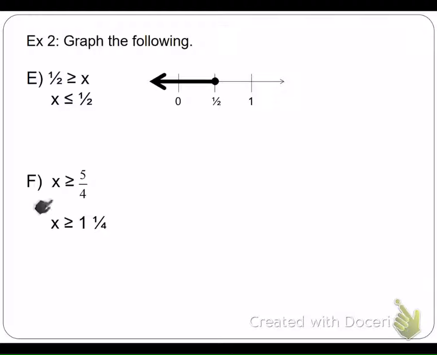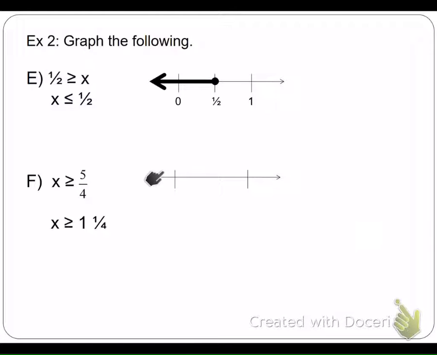You can leave it like this if you want. You just have to recognize that this is an improper fraction. So you have to go past the 1, but not yet to the 2. It's a little easier to see if you change it to a mixed number. Is everyone following? I don't like mixed numbers, but it's easier to graph them if this is a mixed number.